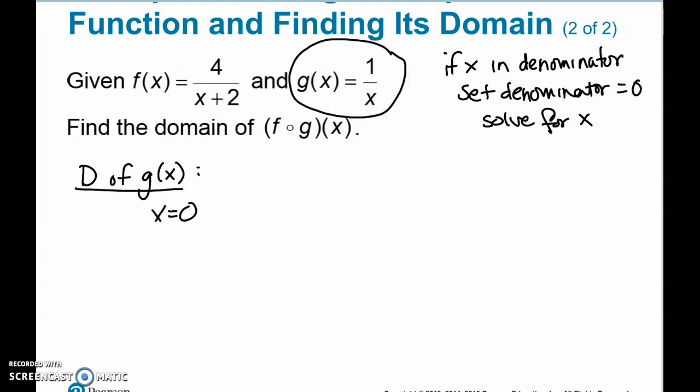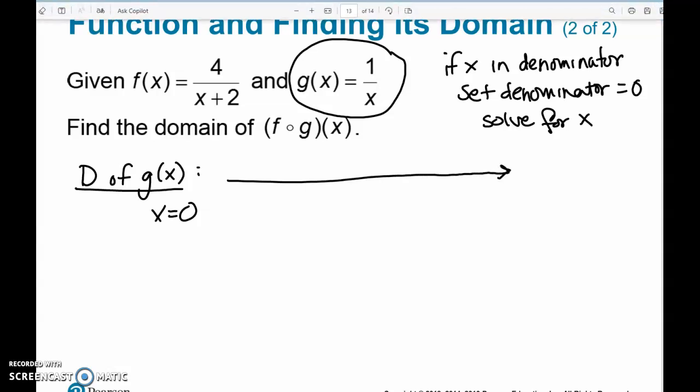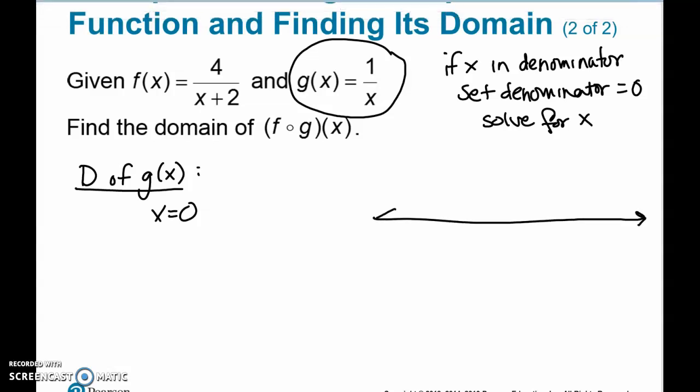It's already solved, right? So I'm going to draw this on a number line. Actually, let me put it over here. And here's 0. So the domain of function g of x would be everything this way and everything this way.